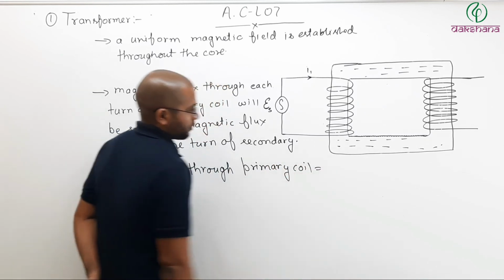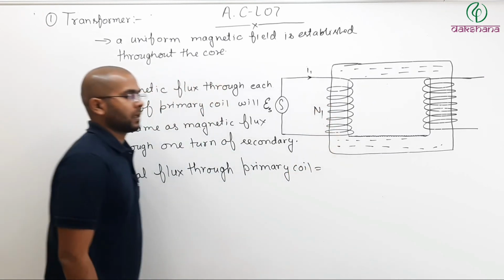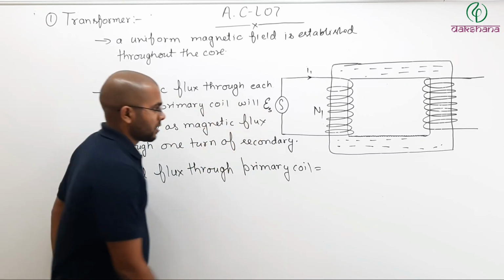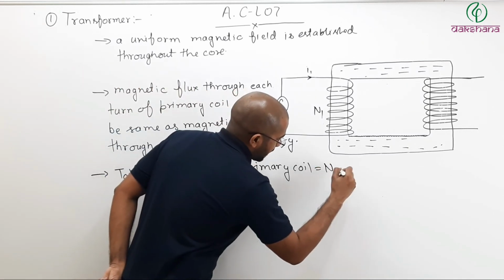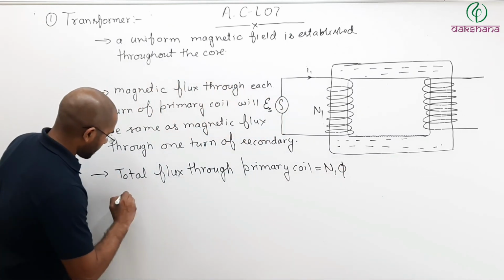What is the total flux through the primary coil? The total number of turns here is N1 and the flux, let us say phi, is the same in primary as well as secondary. So the total flux in the primary coil will be N1 times phi. What about the total flux through secondary?